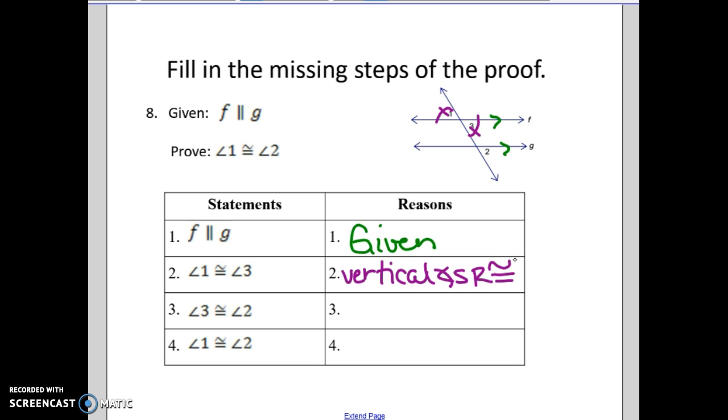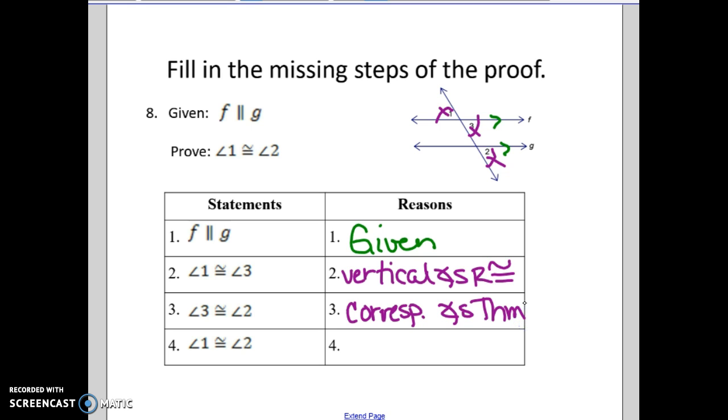Then they say that angle 3 is congruent to angle 2. So we know this is congruent here. Okay. And so there we can say that angle 3 is congruent to angle 2 because of the corresponding angles theorem.